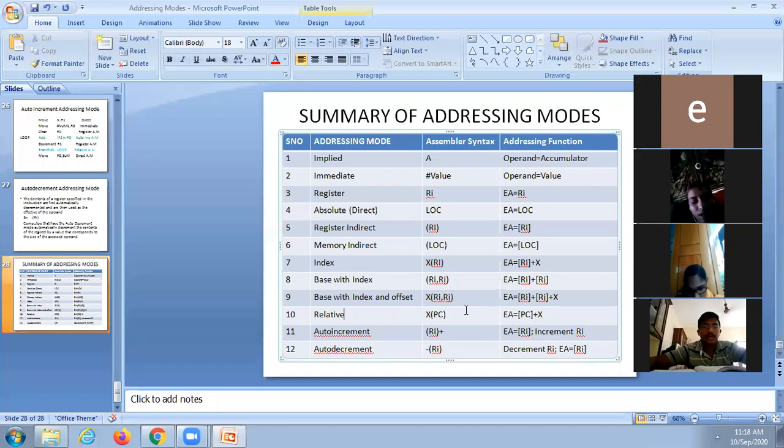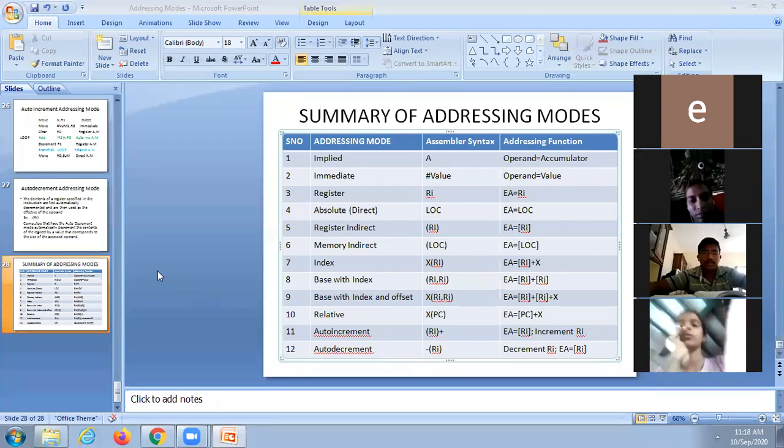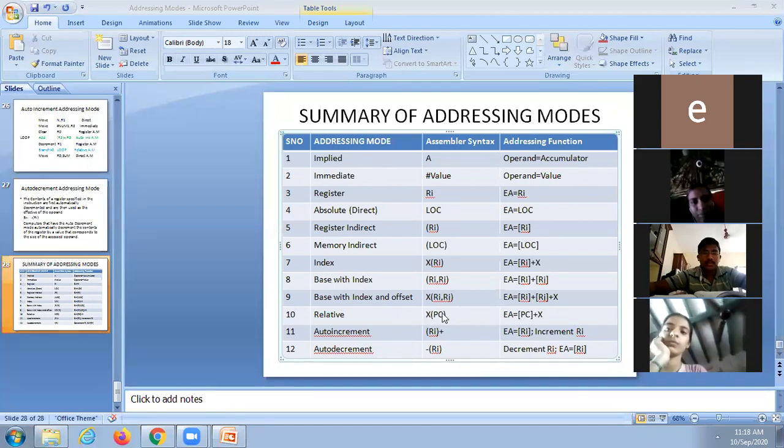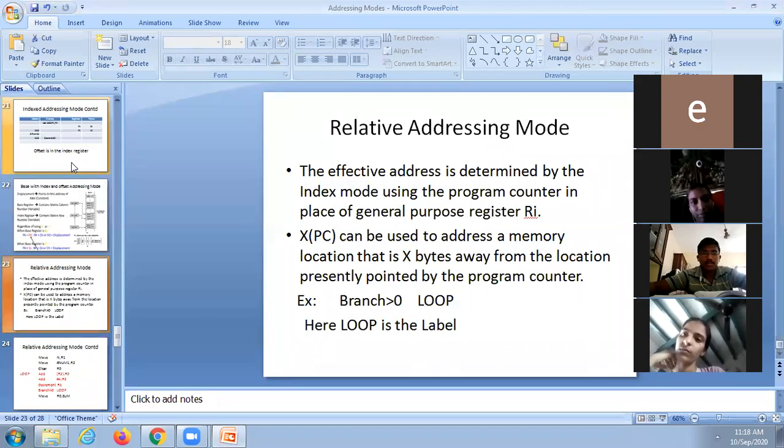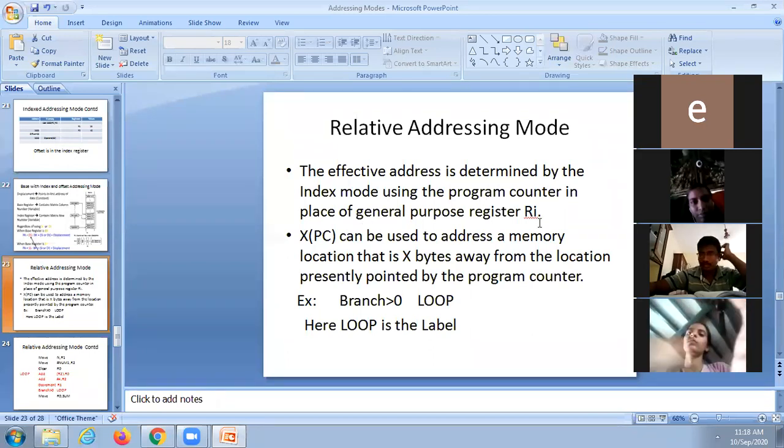Yes, sir. Another one is relative addressing mode, which is also similar to that, where the address will be in the PC, nothing else. Then auto increment. Here, in relative address mode, the effective address is determined by the index mode using the program counter in place of the general purpose register Ri.